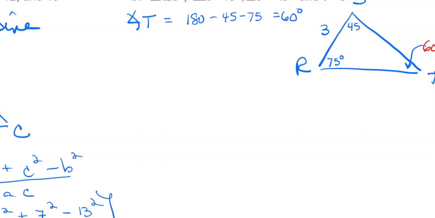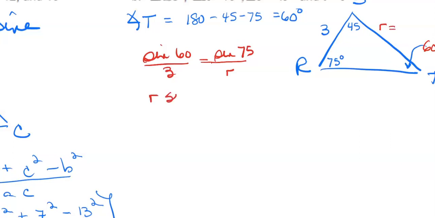So set up your sine relationship. So the sine of 60 degrees over 3 equals the sine of 75 over little r. Okay, so little r is right here. So don't grab your calculator yet. And still wait one more sec.